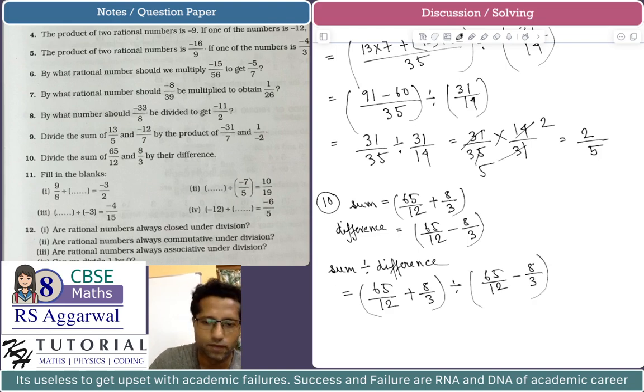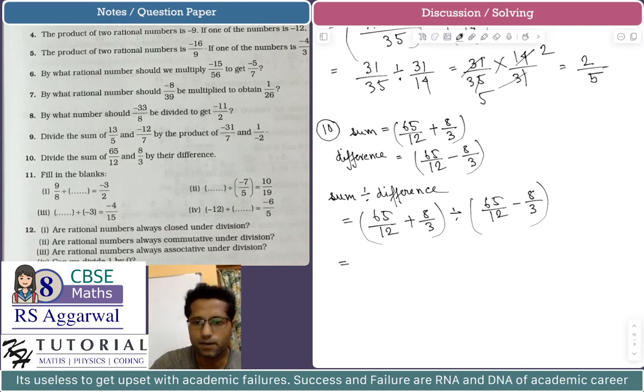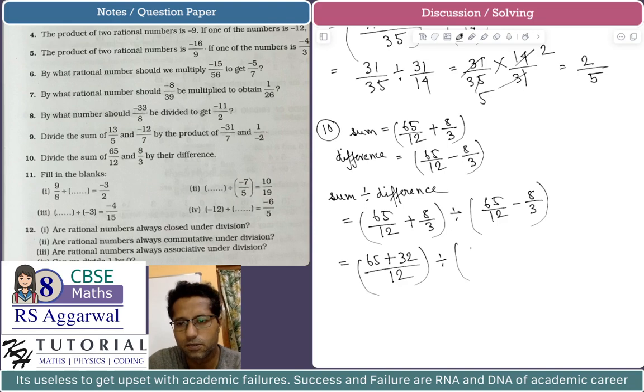So first we have to evaluate the brackets. So the sum becomes 65 plus 32 divided by 12, and the difference becomes 65 minus 32 by 12.